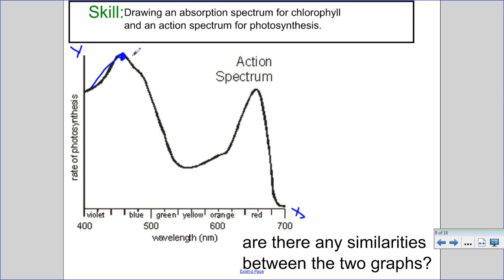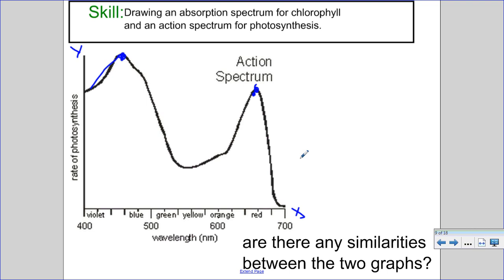This means we have a high rate of photosynthesis. The rate of photosynthesis then decreases as the wavelength increases, and then will increase again at around that 650, 675 nanometer range, corresponding to that red light again. So the rate of photosynthesis peaks again at that red light.